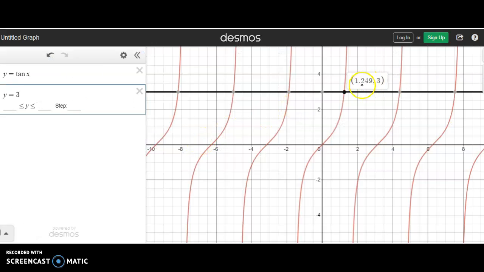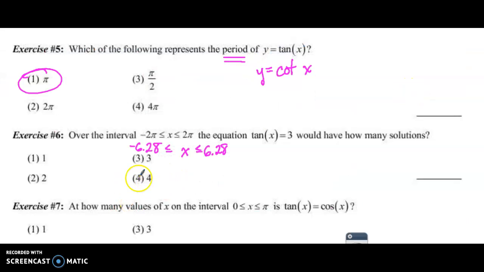So if I go back to the graphing calculator, I just want to see how many times they intersect before I get to 6.28. Okay, so that's too many times over here. But then back on this side as well, that's too far to the left. So I counted 1, 2, 3, 4 solutions.